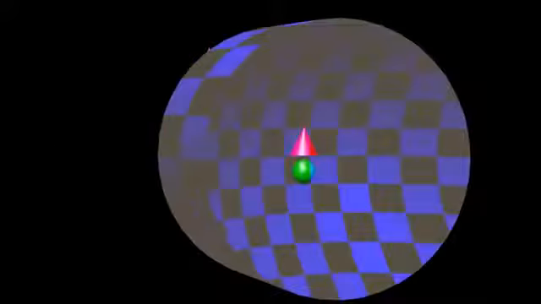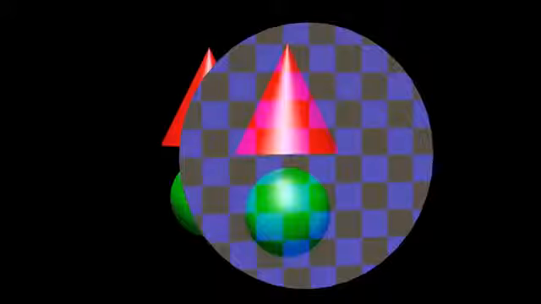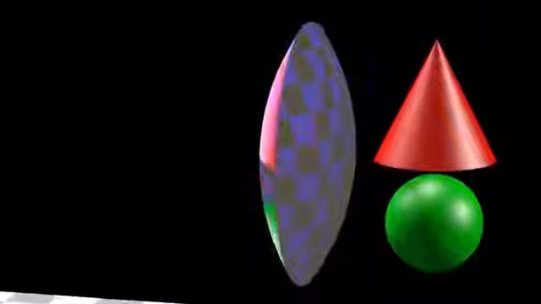Let's now return to our original shape. Suppose we change the location of the objects. The image can either be right side up or be inverted upside down.